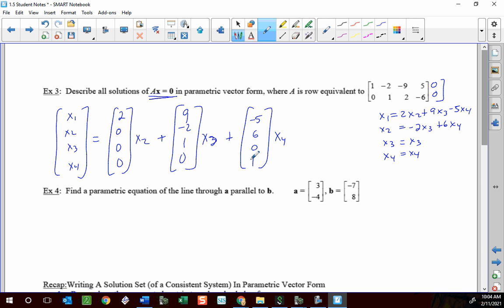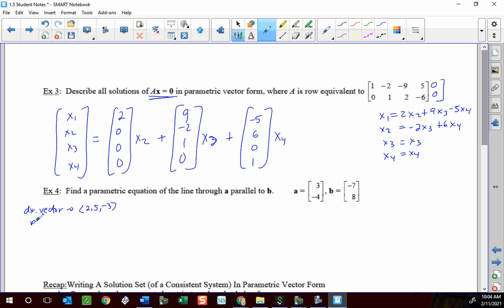All right, so there is something, parametric equation of a line through A parallel to B. So this is kind of similar. Remember back in calculus when we used to make you write parametric equations of lines, right? Like let's say we had the direction vector, and our direction vector for our 3D line was like 2, 5, -3.